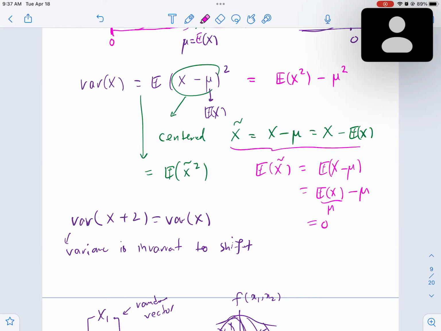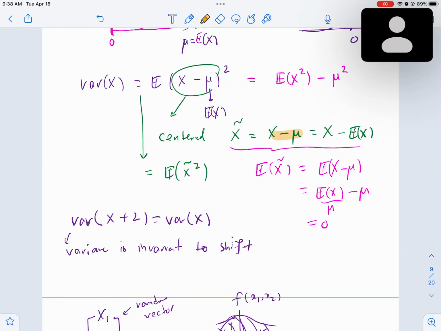So we have a random variable x, and if I center it, I would get x tilde, and this x tilde is x minus mu.